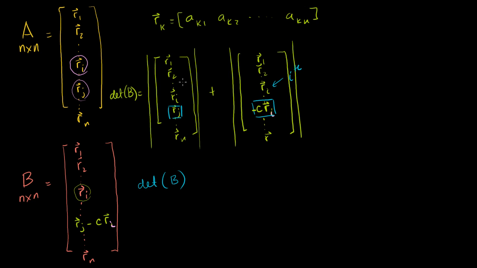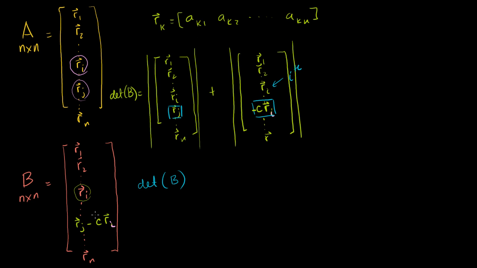Remember, B is not the sum of these two matrices. B is identical to these two matrices, except for that one row, where B's jth row is the jth row of this guy plus the jth row of that guy. And when I talk about adding rows, you're just adding their corresponding elements.